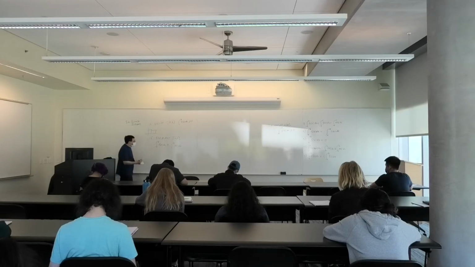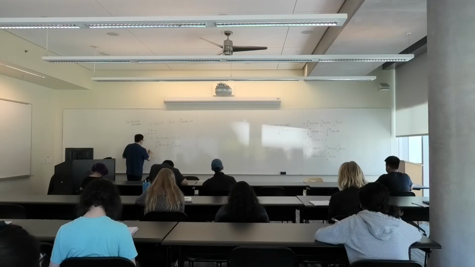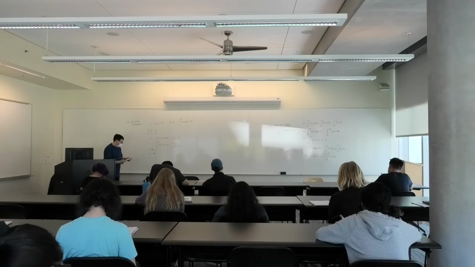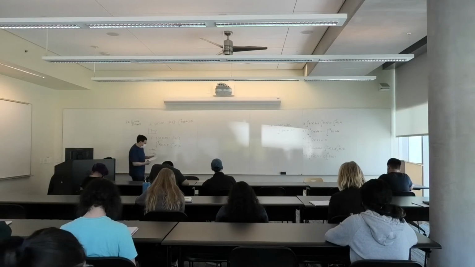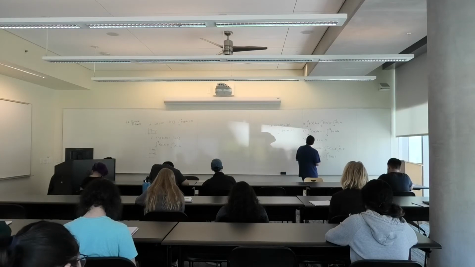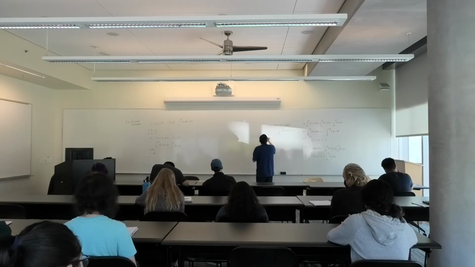Again, that seems pretty plausible if you think about it graphically. f of x is always greater than g of x. You can see the area underneath is always greater. So that's our second comparison.